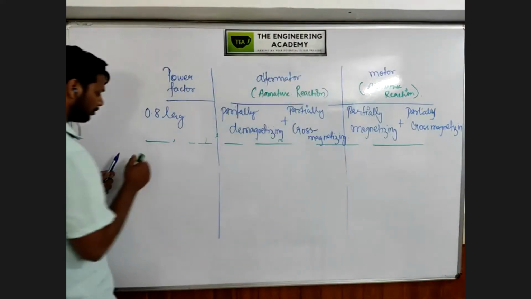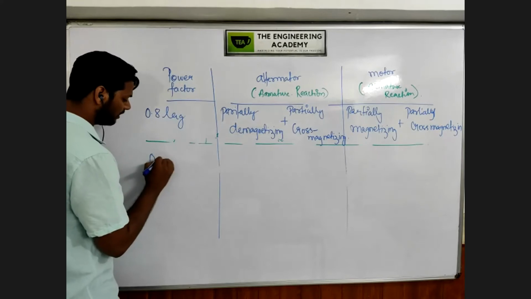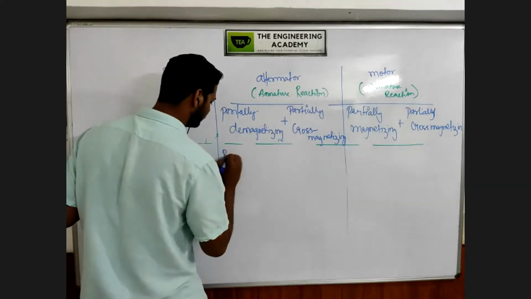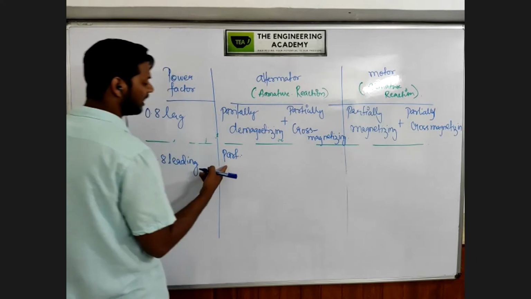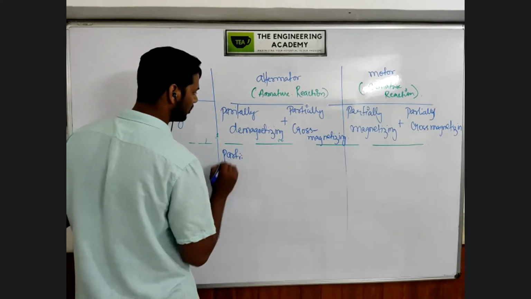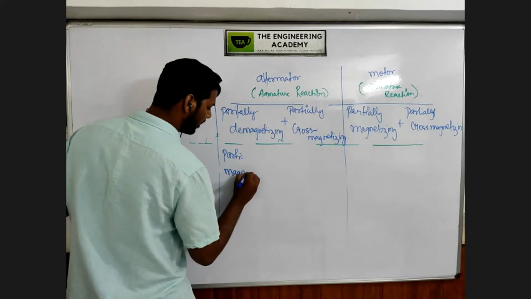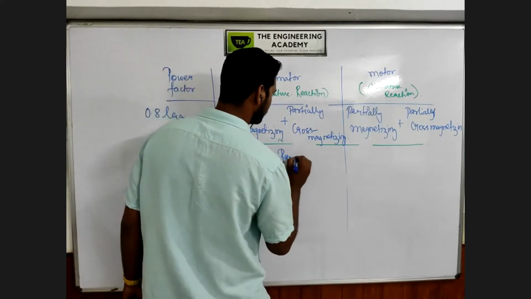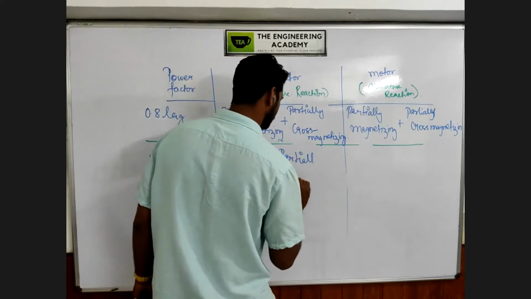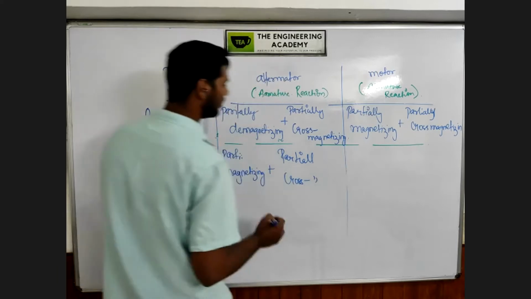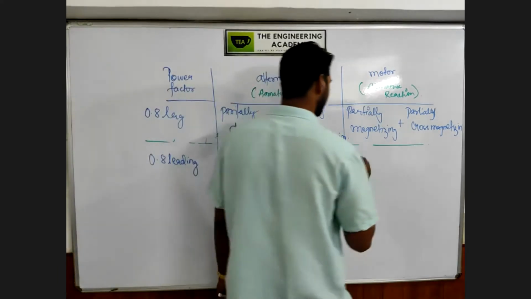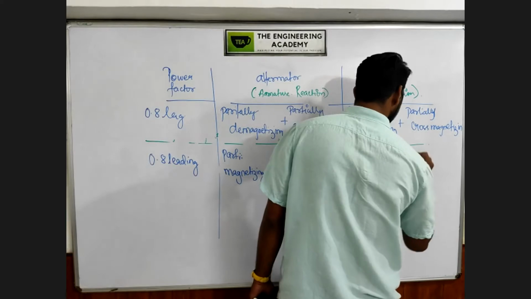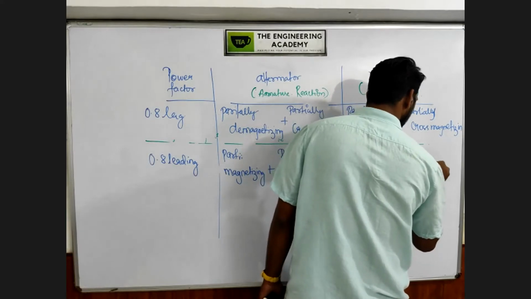Now, coming to the table: if the power factor is 0.8 leading, then the alternator is partially magnetizing plus partially cross magnetizing, and under motor it will be partially demagnetizing plus partially cross magnetizing.